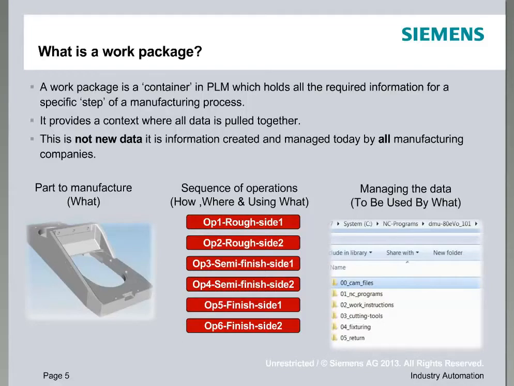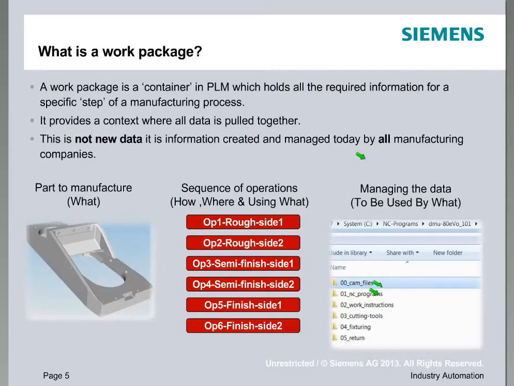And a native customer, someone using just NX, would probably have a file system or a folder structure like the one indicated on the right, where they actually manage all of their data. So, for example, the CAM files, the actual NX part files, they may put into a specific machine folder in a specific CAM files folder.